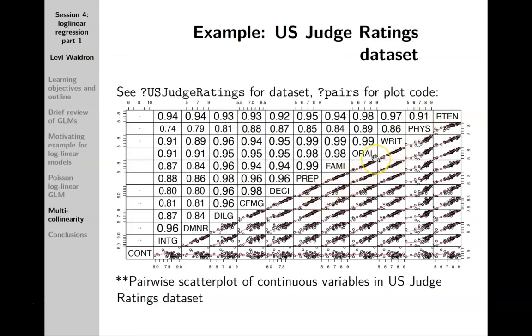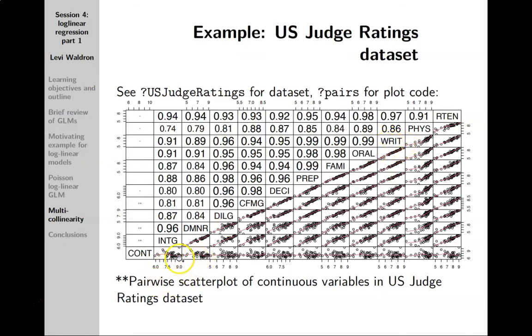Either they rank them highly on all of them or low on all of them. They really never give a judge a high rating for their oral output and a low rating for the written output.